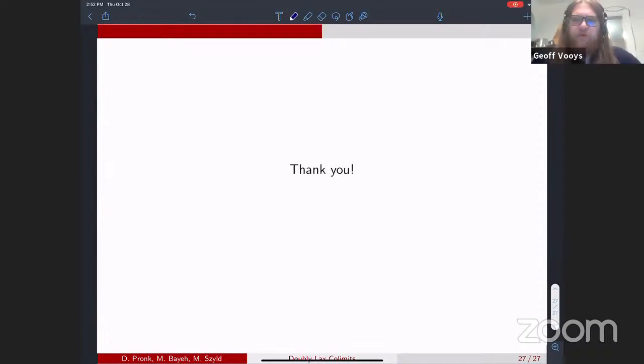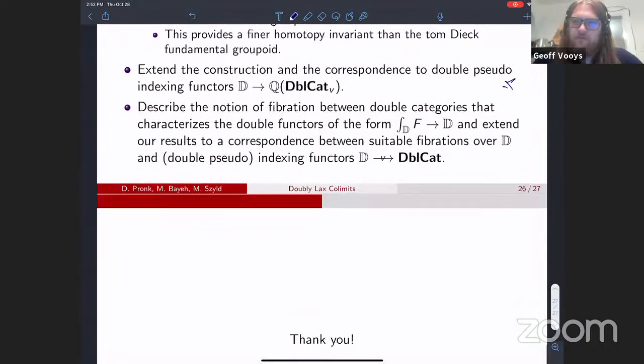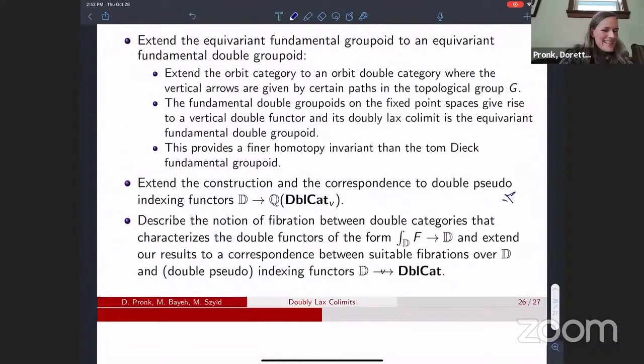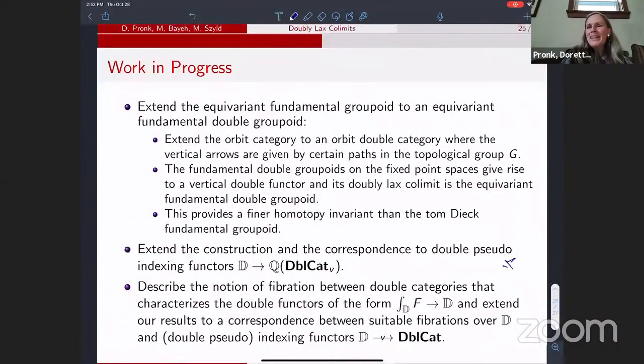I was just wondering, when you were talking about the Tondi construction and having a group acting on spaces, how gnarly are those groups or spaces? Are they all Hausdorff at least, or are they awful? I didn't say anything about that today. Typically, we assume these things to be very nice, generally at least Hausdorff, and sometimes even manifolds.